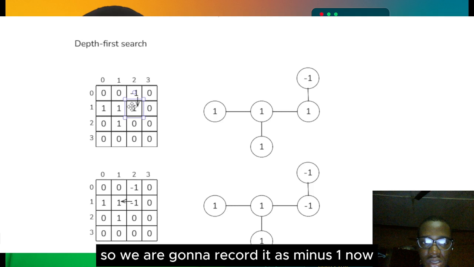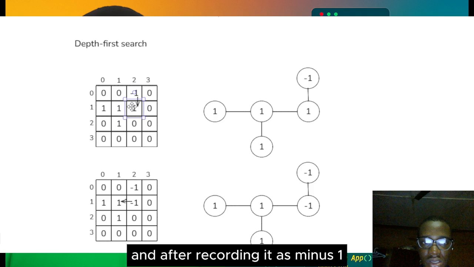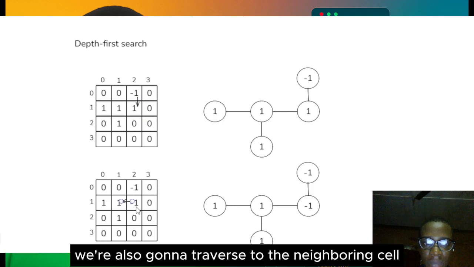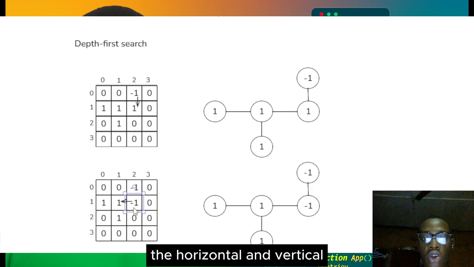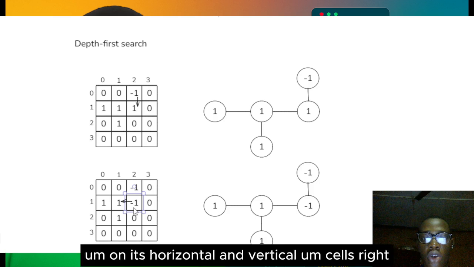So we are gonna record it as -1 now, and after recording it as -1, we're also gonna traverse to the neighboring cells of this by doing a DFS on its horizontal and vertical cells, right?